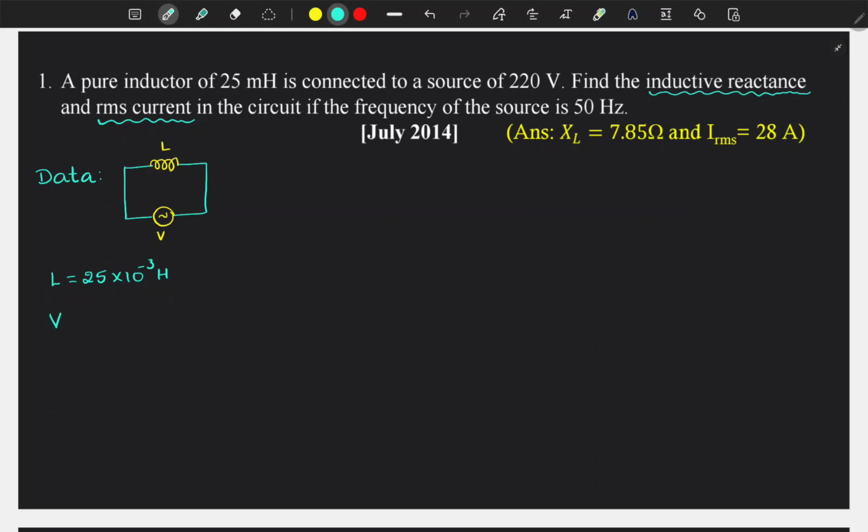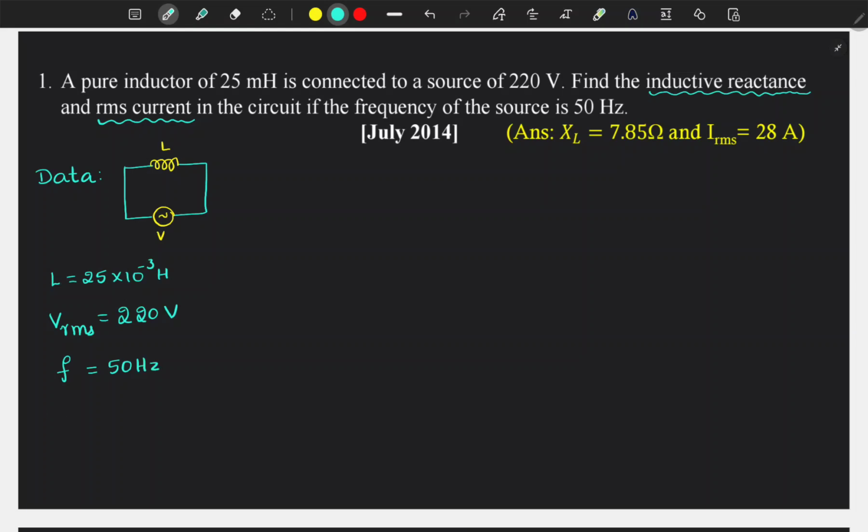and source voltage, if it is not mentioned whether it is peak value, RMS value or average value, you should take it as RMS value only. VRMS is 220 volts and then frequency of AC source is given, that is 50 Hz.